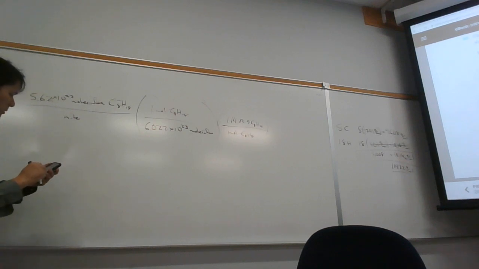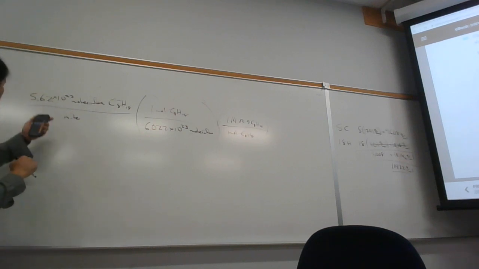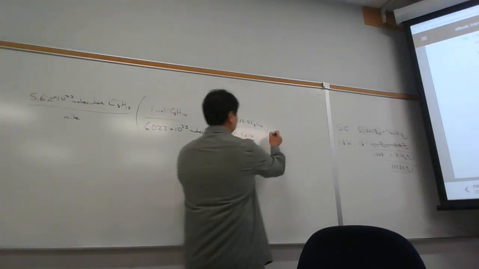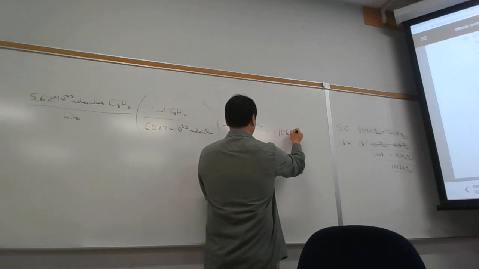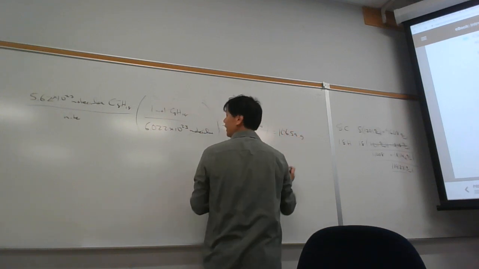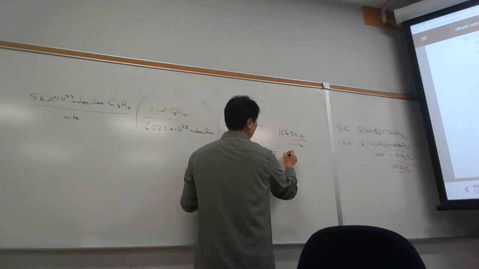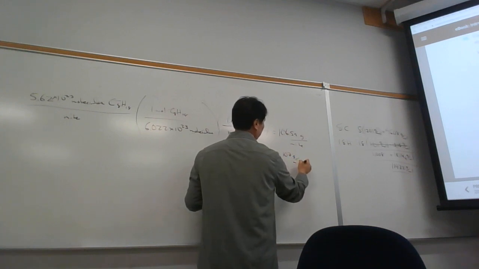So 114.22, we'll start from the beginning. 5.62 times 10 to the 23rd divided by 6.022 times 10 to the 23rd times 114.22. 106.59 grams. So about 107 grams per mile of fuel.